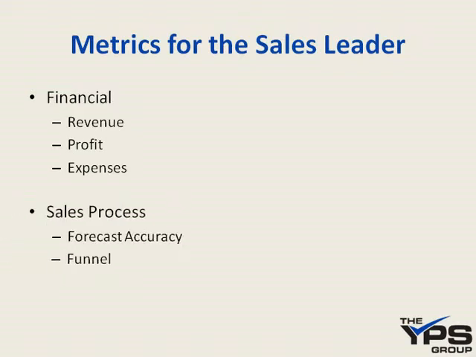Next, the sales process metrics. As noted earlier, continuous improvement of the organization's sales process is the sales leader's primary responsibility. Perhaps surprisingly, sales forecast accuracy is the critical metric for judging the effectiveness of the sales process engineering effort.